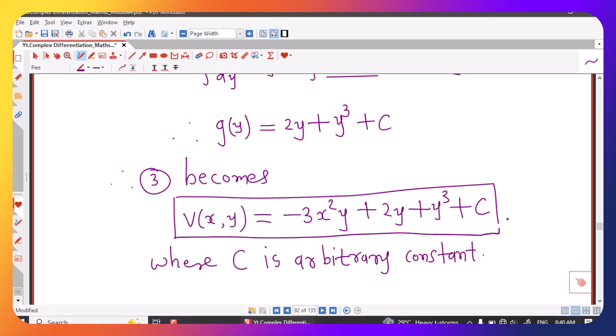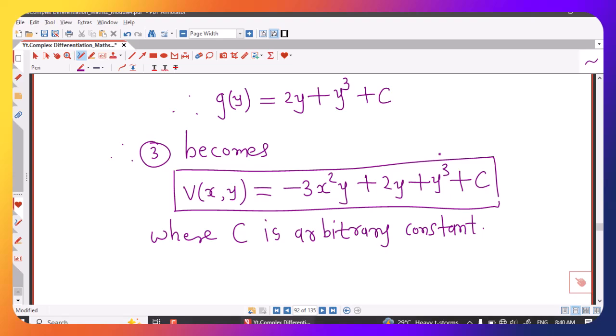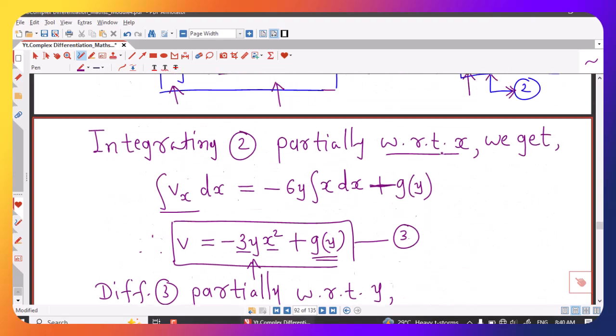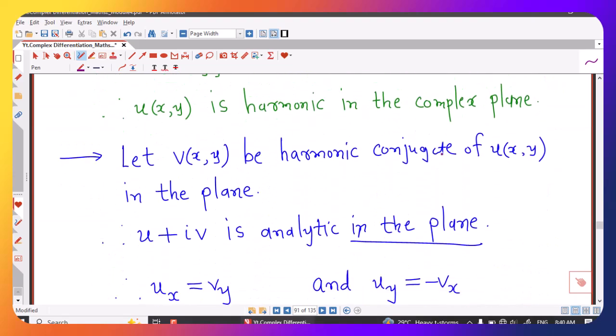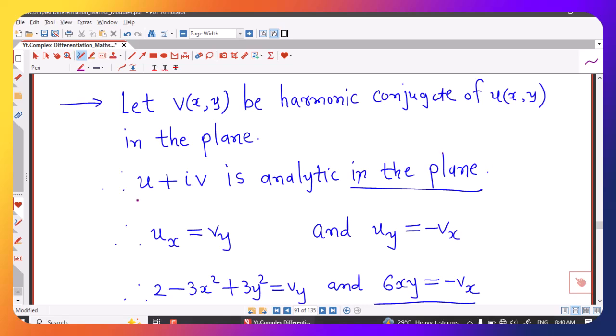V is the harmonic conjugate of the given function u, and we can easily obtain it using this method. What we have done is we have just used the definition of harmonic conjugate.